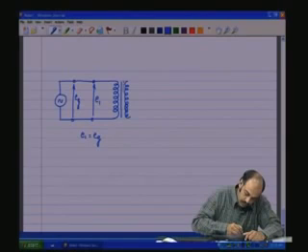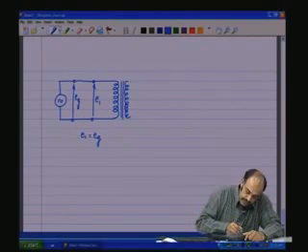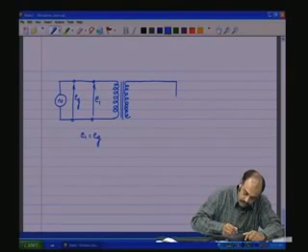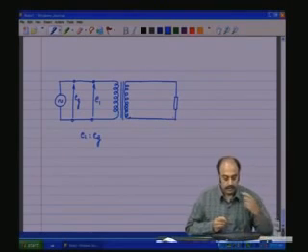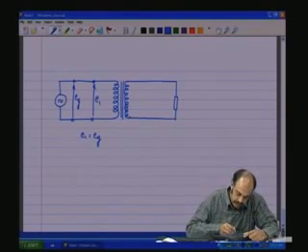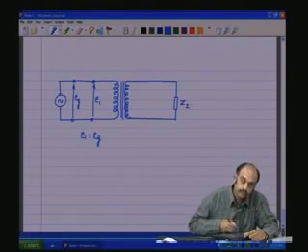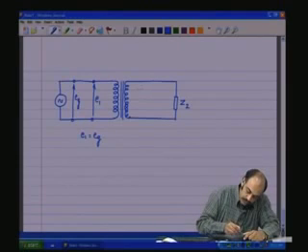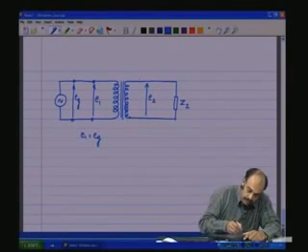And we have a core and then the secondary, and the secondary is connected to a load, and the load could be resistive or RL or RC or RLC, any impedance Z2. Now, there is a voltage across the secondary and we call that E2.